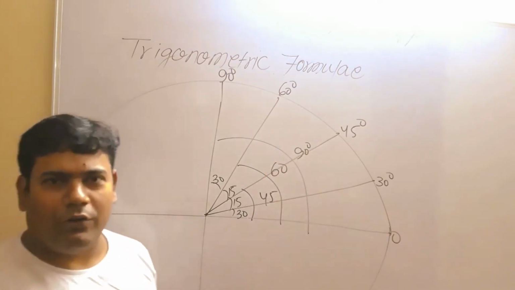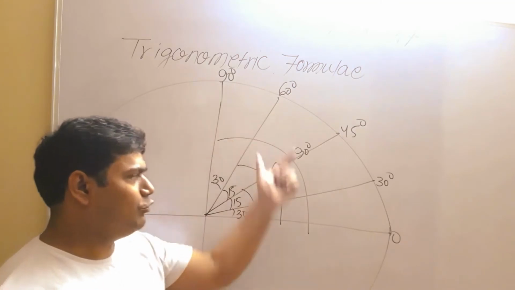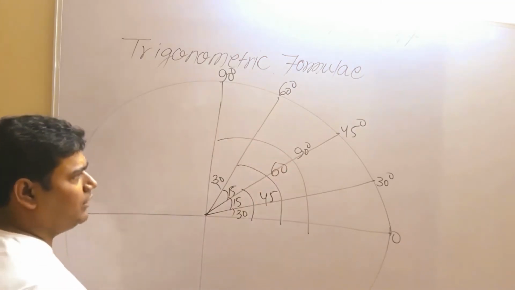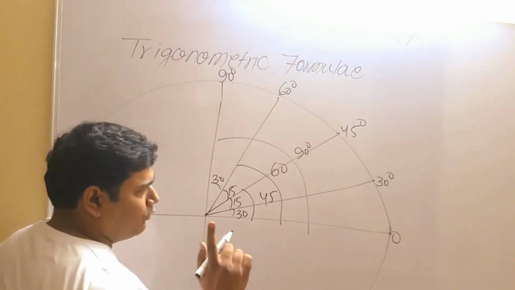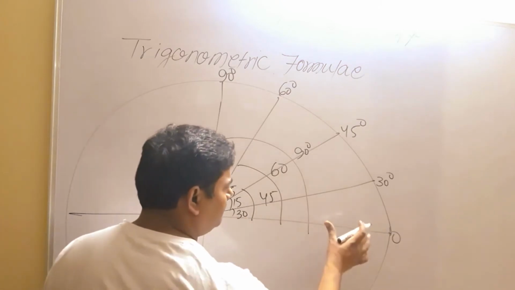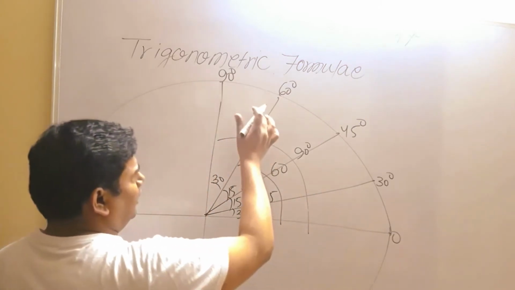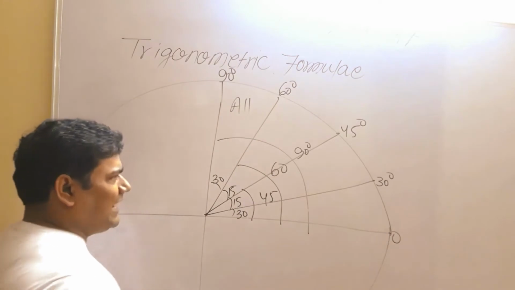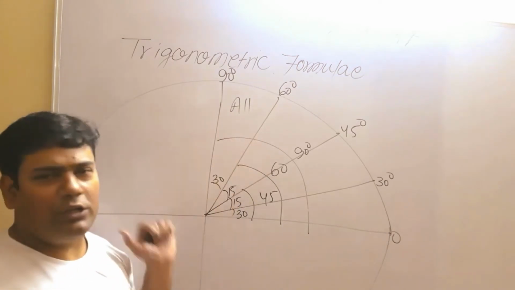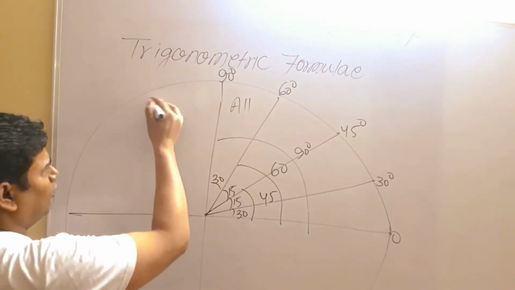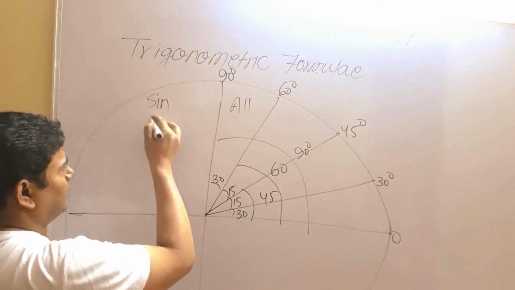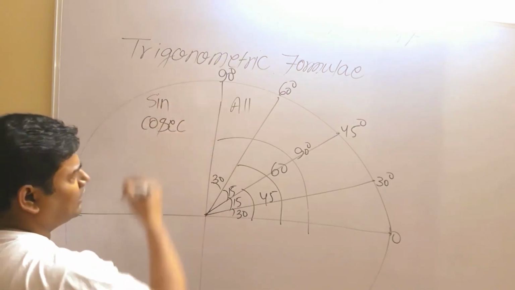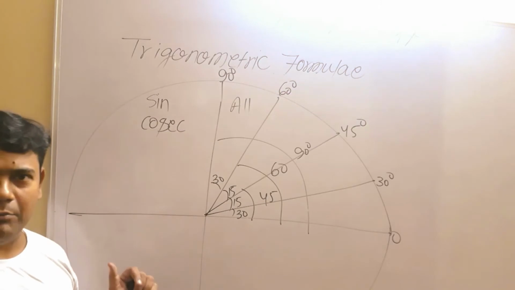Now if we want to find the values of all these ratios, we just have to learn one thing. What? In the first quadrant, all the 6 ratios will be positive. In the second, only sine and its opposite, cosec, will remain positive, and all others will become negative.